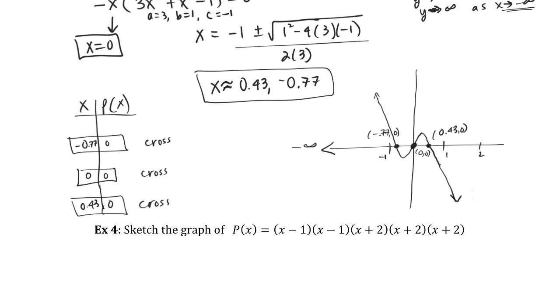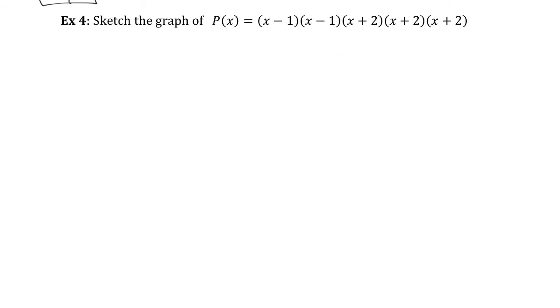All right, let's do another one. So we're sketching the graph here, and notice that we have this factored: x minus 1 is times itself, and then x plus 2 is being cubed. So if we set this equal to 0, we've got zeros at x equals 1 and negative 2.